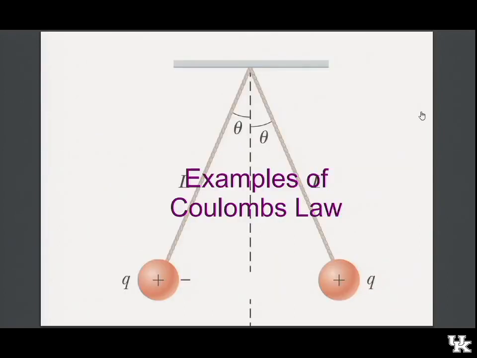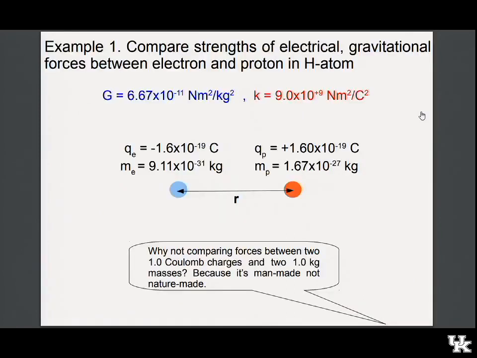Okay, so I want to look at some illustrations or examples of Coulomb's law, and do some calculations with Coulomb's law. Here's the first one, which is an interesting one. Because I said that electricity is way bigger than gravitational forces.